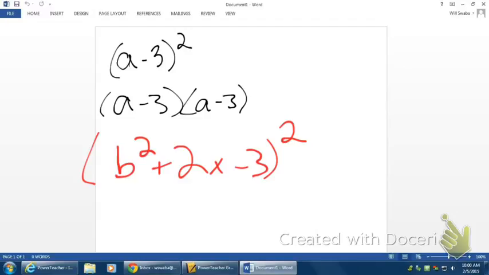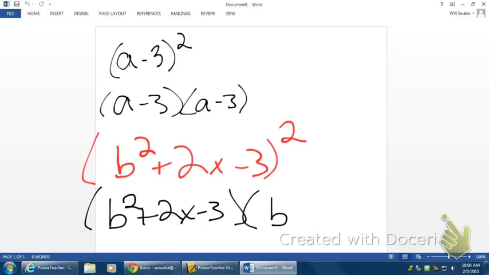Really, all that means is that trinomial times that trinomial. So if you wanted to actually express it out, it's x squared plus 2x minus 3 times x squared plus 2x minus 3. Simple enough. Anytime you see something squared like that, that's what it means.